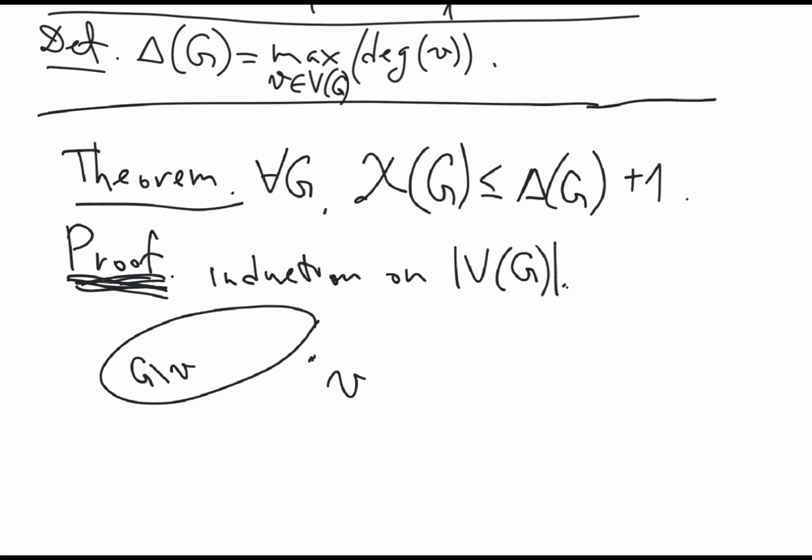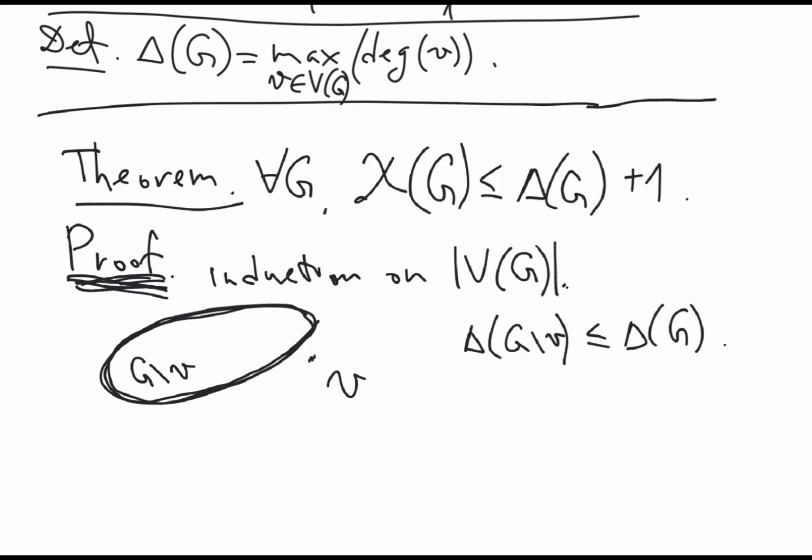Without this one vertex, we apply the inductive hypothesis, and we can apply it because the maximum degree of this graph G minus v is less or equal than the maximum degree in G. So we get a coloring into delta plus 1 colors.